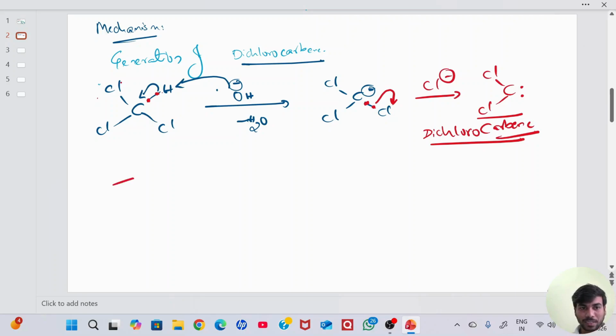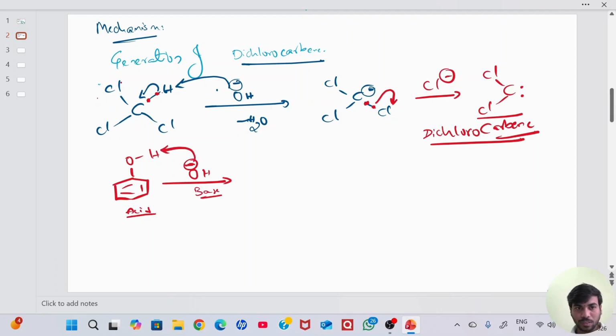Now this dichlorocarbene, in the further steps, see this is phenol, and this phenol again in the presence of basic moiety acts as an acid now, and this is base, so you will get an ion now. So this hydroxide center takes away the proton, leaving behind the electron of hydrogen on the oxygen, and you will get a phenoxide ion.